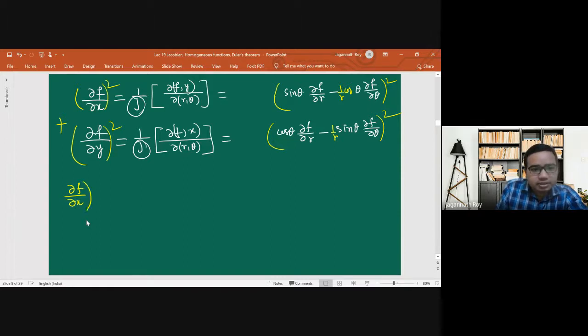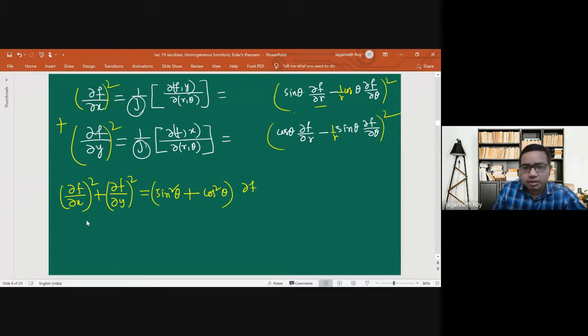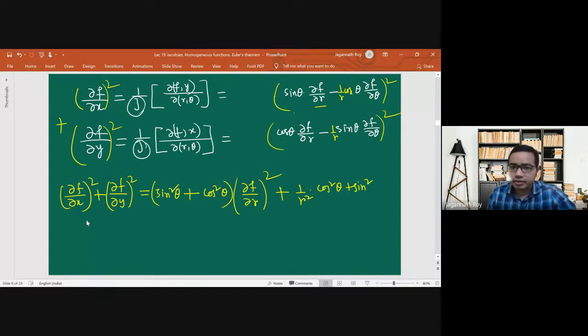So del f del x plus, sin square theta plus cos square theta into del f del r, plus this one, 1 by r square into cos square theta plus sin square theta into del f del theta square, plus some more terms will be there.